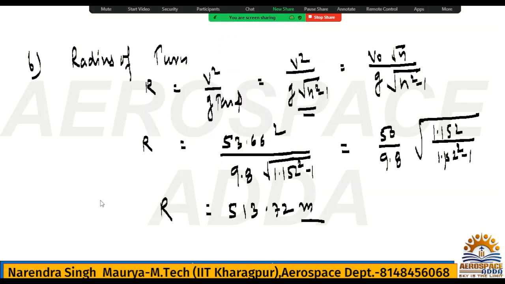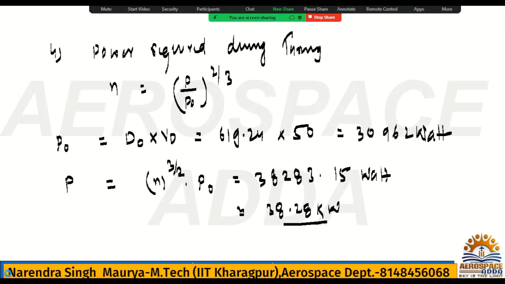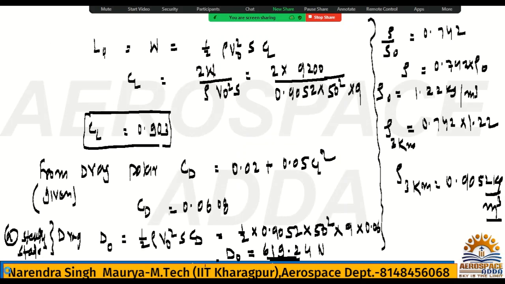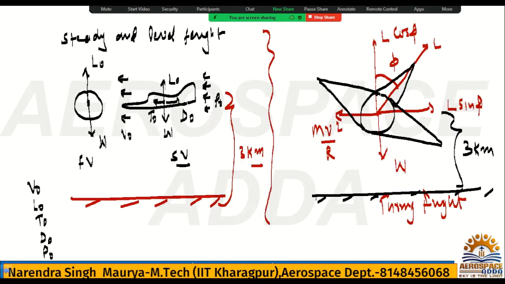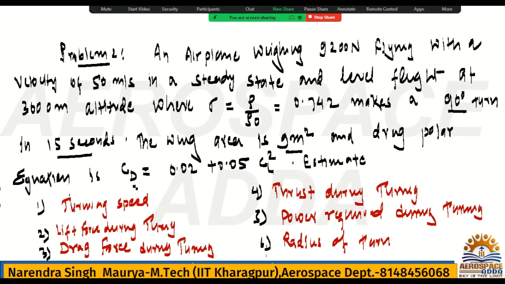Next is number 7. Okay, here I think I have not asked you. Please add one more thing to the problem, this 7. It is nothing but rate of turn.